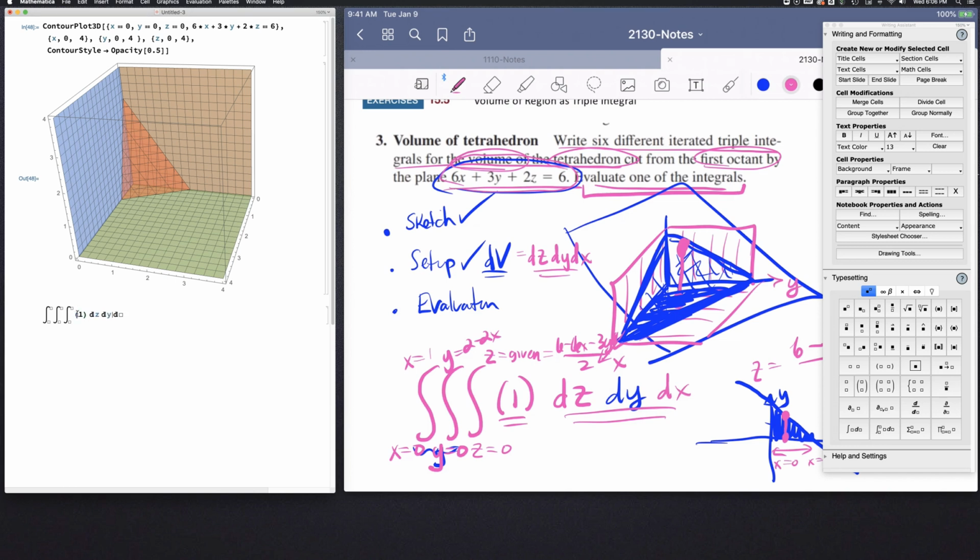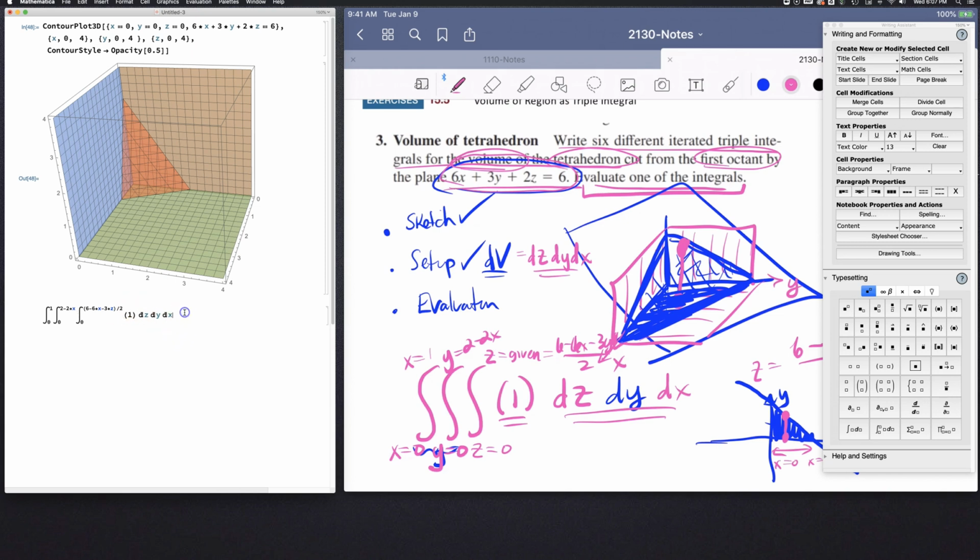We try to do the dz, dy, dx. X goes from 0 to 1. Y goes from 0 up to 2 minus 2 times x. And z goes from 0 up to the equation of the plane, which is 6 minus 6 times x minus 3 times y divided by 2.